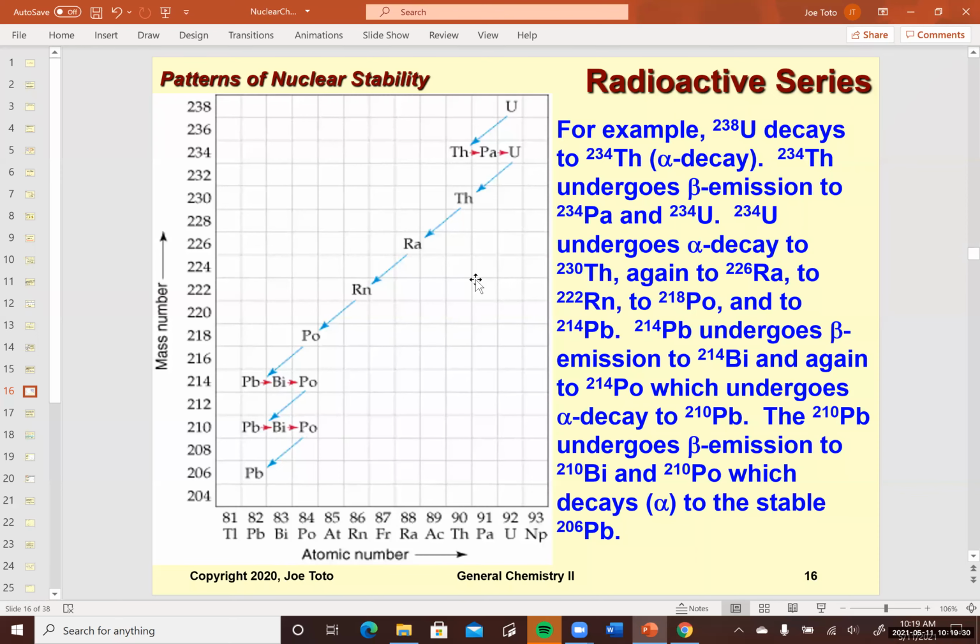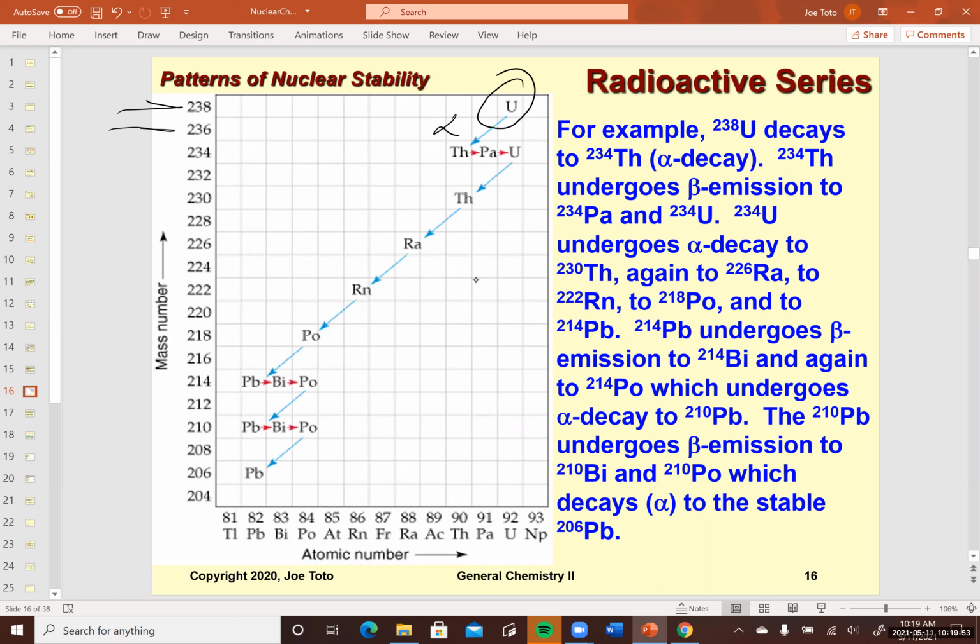So we start at the top of this radioactive series with a U-238 radioactive atom, and I see that it drops in mass number by 4 when it goes to thorium. So this must be an alpha decay.